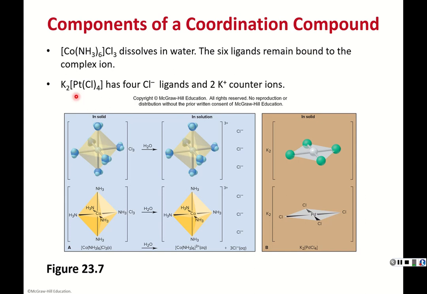Another example shown here is potassium 2 with the complex ion platinum tetrachloride. When this dissolves in water, we have 2 potassium counter ions that are released, and this platinum tetrachloride stays together in solution. And so those are shown in this figure.